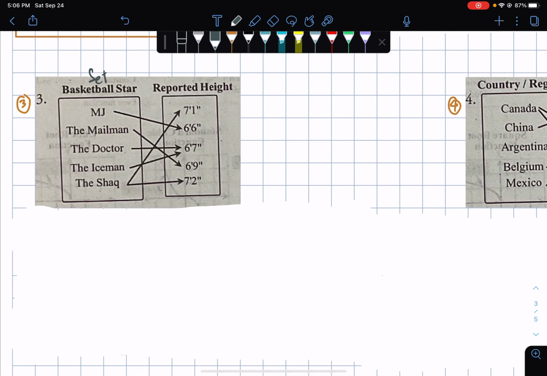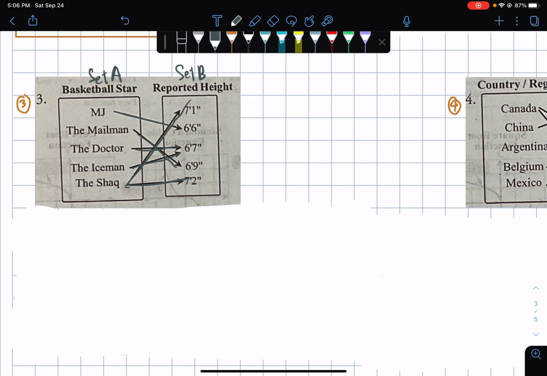That's our set A. And reported height would be our set B. So MJ is 6'6". The Mailman is 6'9". Doctor is 6'7". The Iceman is also 6'7". And the Shark is 7'1", 7'2".